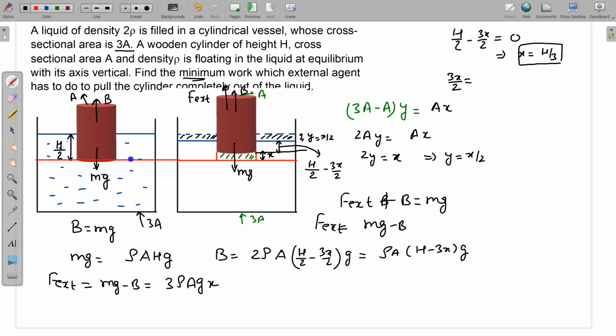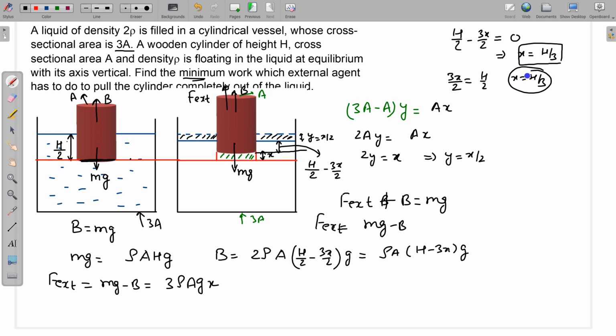So this red line, the position of the lower portion of the cylinder, is going up, and this is coming down, and between these two the distance is equal to h by 2. So x is equal to h by 3.